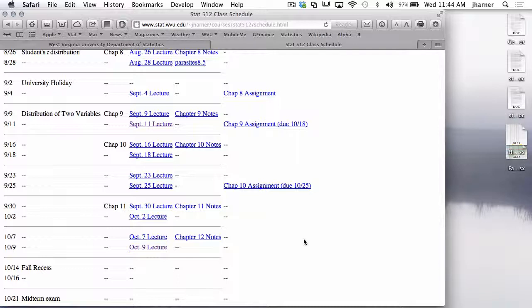So the conceptual information, I might ask you to contrast between different types of multiple comparisons. When would you use one over the other? So there'd be concept-based questions where you have to explain things. Those are the types of questions that I will ask.